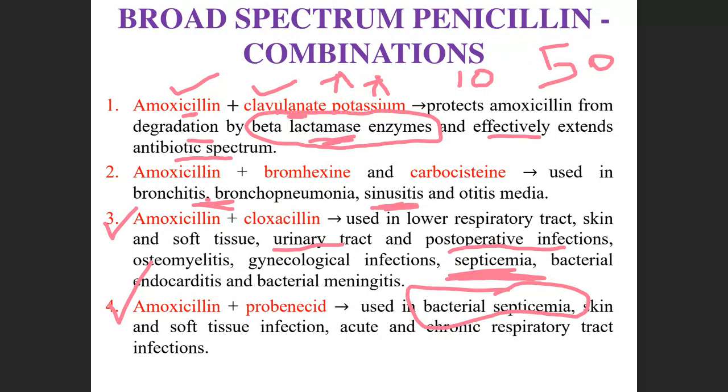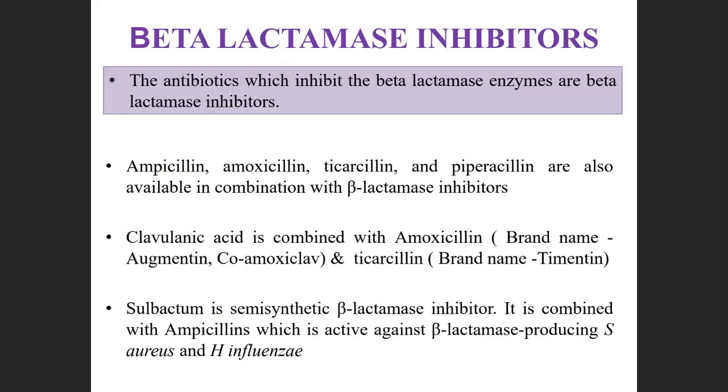We have a few different combinations, and in the market there may be more available. Of these, the one we use more commonly in dentistry is the first, amoxicillin with clavulanic acid or potassium clavulanate. The rest are all useful, but in different conditions.